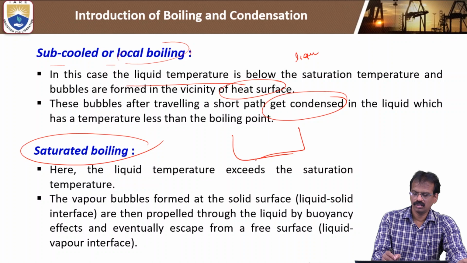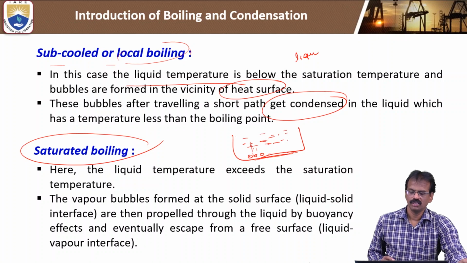The particles which are very near the surface, due to heat, are converted into bubbles. These bubbles travel upward by the effect of buoyancy, but here the water temperature is very low, so automatically these bubbles will be condensed.